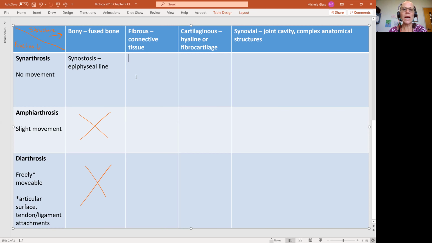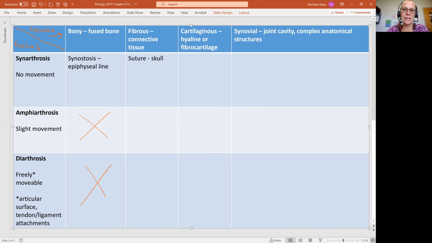Okay, looking at our next column, we have fibrous, and this is where you have connective tissue connecting your bones together. To start with, we can talk about sutures. Sutures we saw in the skull. We looked at specific ones in lab: the coronal, the lambdoid, the sagittal, and squamous sutures.